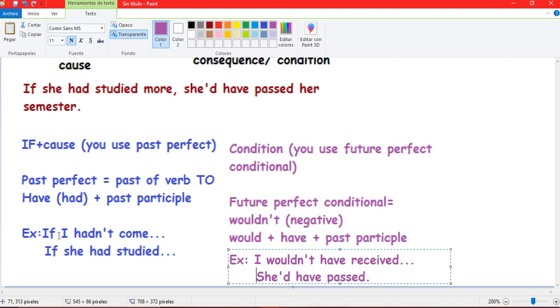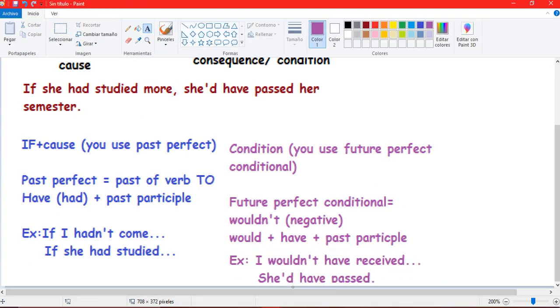The past perfect: remember the structure, the verb to have in past simple plus the past participle of the verb. Because this is the cause, it is introduced by if. So if I hadn't come or if she had studied. For the consequence or the condition, we use the future perfect conditional. What is its structure? Would, or wouldn't if it's negative, have, and the past participle of the verb. I wouldn't have received or she'd have passed.